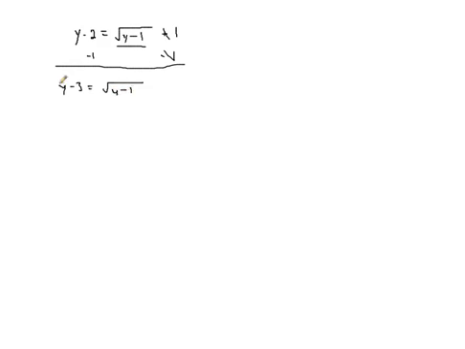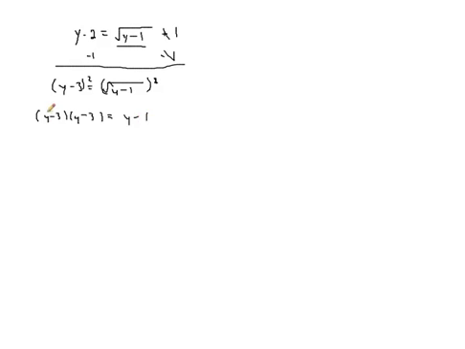Now, in order to get rid of that square root sign, we're going to square both sides. And I'm not going to skip any step because I have a lot of students who kind of get lost if I do any shortcuts, so I'll rewrite that as y minus 3 squared is equal to, and remember, anytime we square a square root sign, we get rid of those two, so it becomes y minus 1.